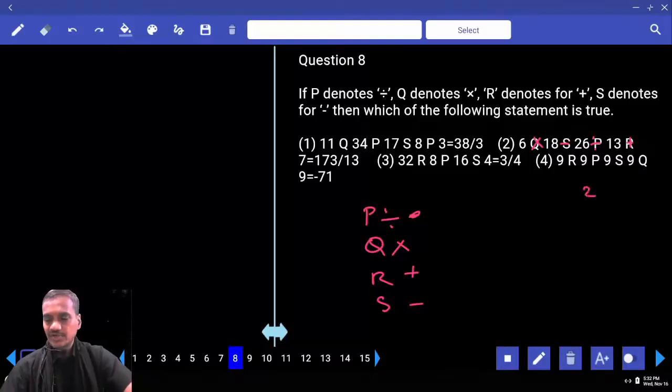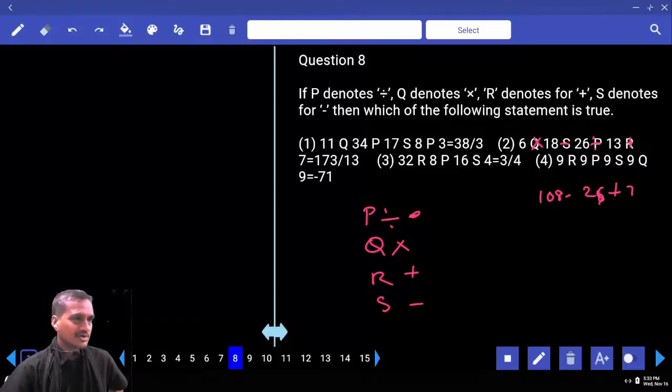So 6 into 18 is 108, minus 2, plus 7. Is it equal to 173 by 13? The division by 13 does not come here, because it is directly divided. And this is again ruled out.